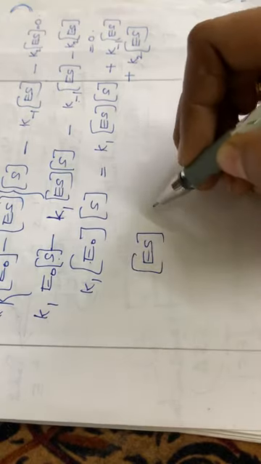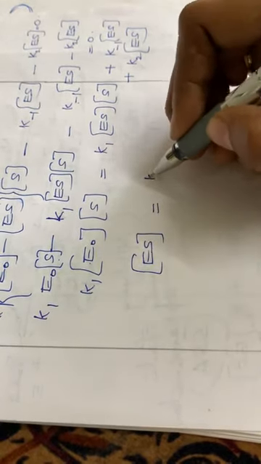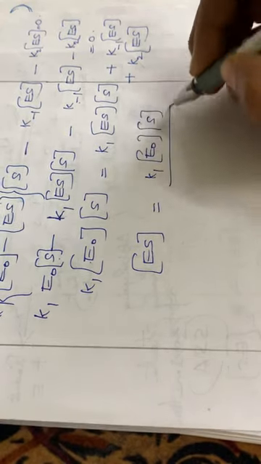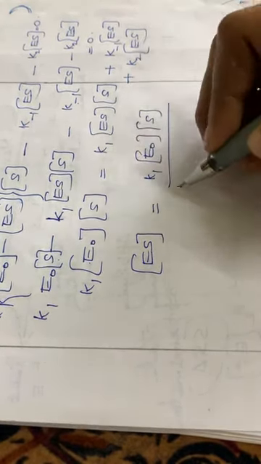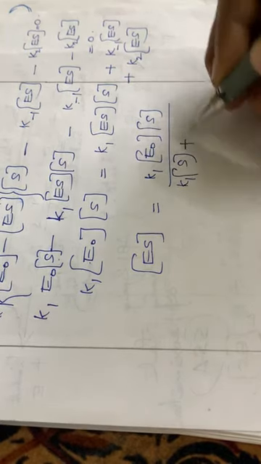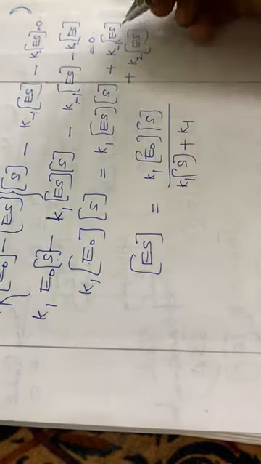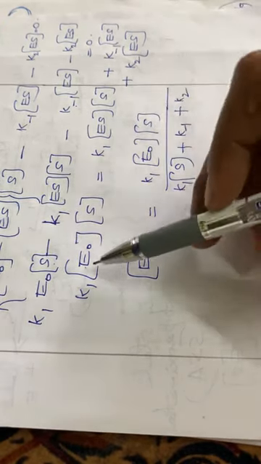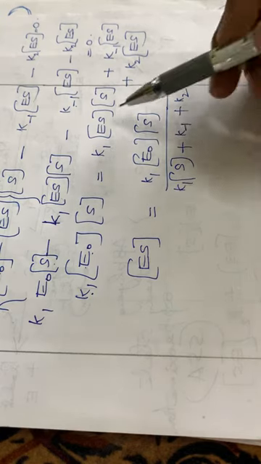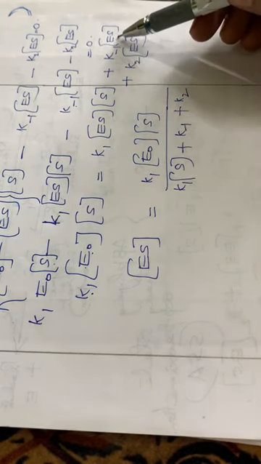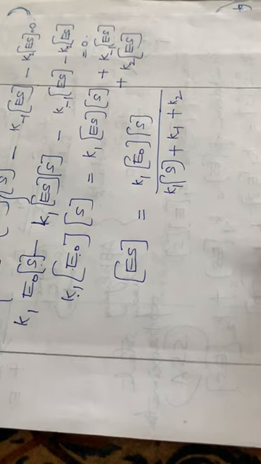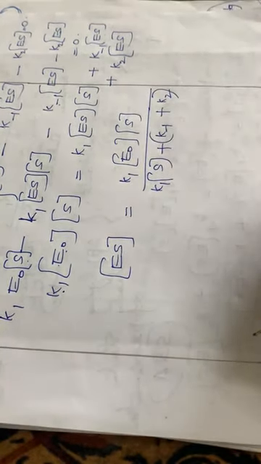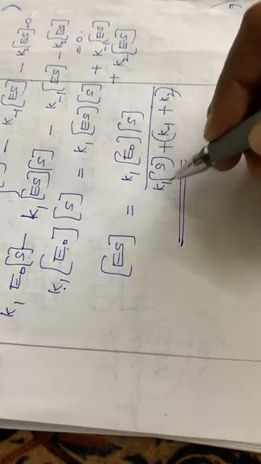So ES will be equal to K1 into E0 into S divided by K1 into S plus K inverse plus K2, since ES is taken outside. So this you can write with a bracket here. Then we have got the value for ES.